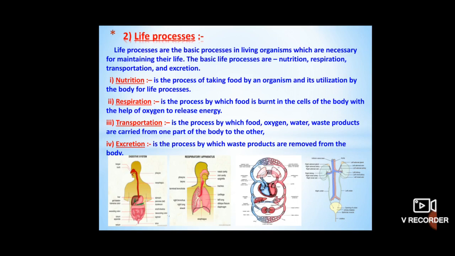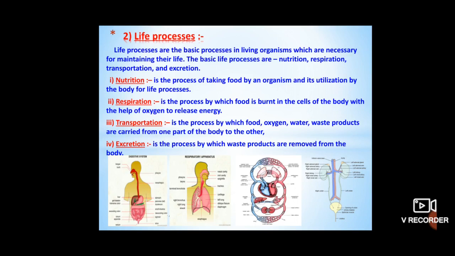So here, we have already discussed the different types of life process activities. What do you mean by life process? We have to know the meaning of life process now. Yes.